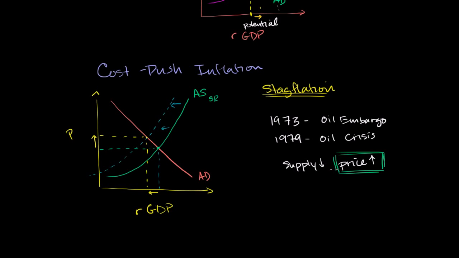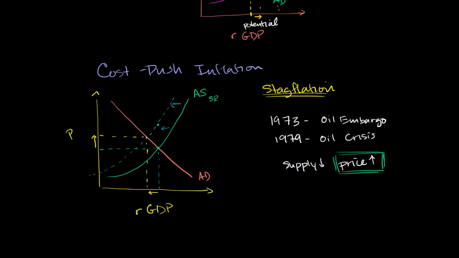And if all of a sudden a major input's price becomes much, much more expensive, then you could view it one of two ways. For a given level of productivity, suppliers will want to charge more. If you want me to deliver this to your house, if you want me to run your truck, for a given level of productivity, suppliers would charge more. Or you could view it that at a given level of price, suppliers will want to produce less.